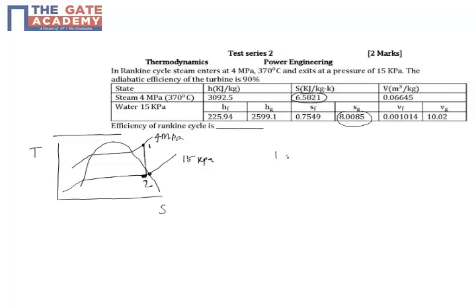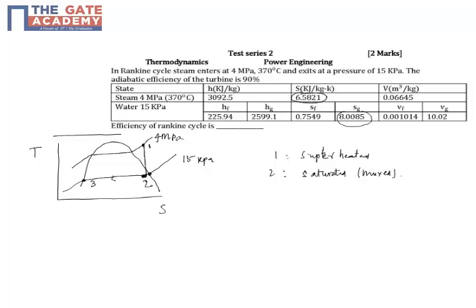So 1 is superheated, and 2 is a mixed state, not exactly saturated. It's a wet steam.